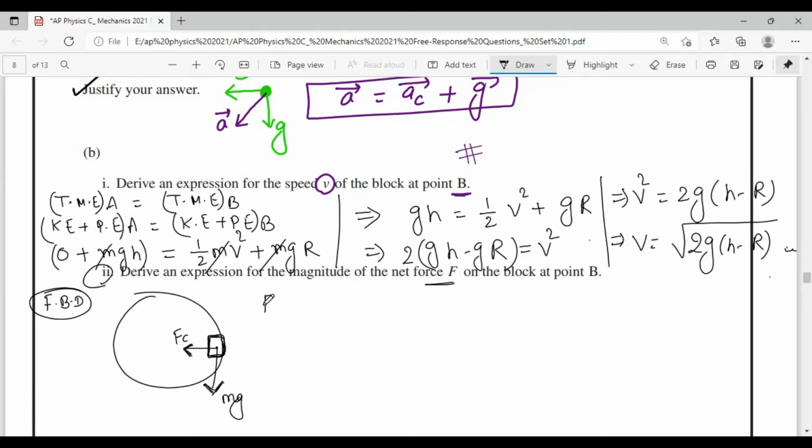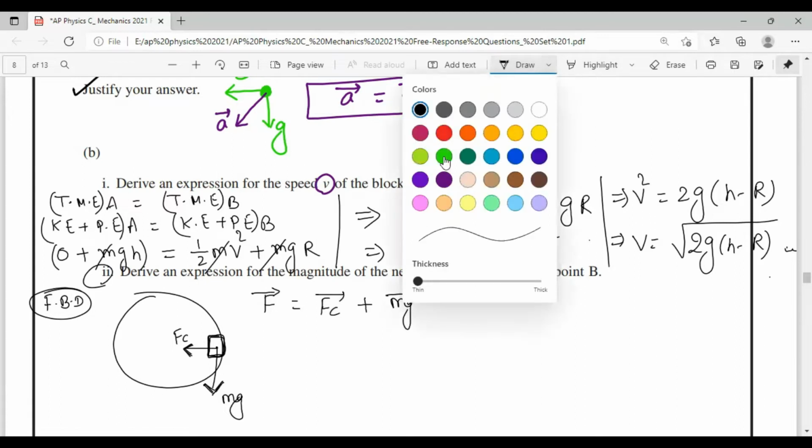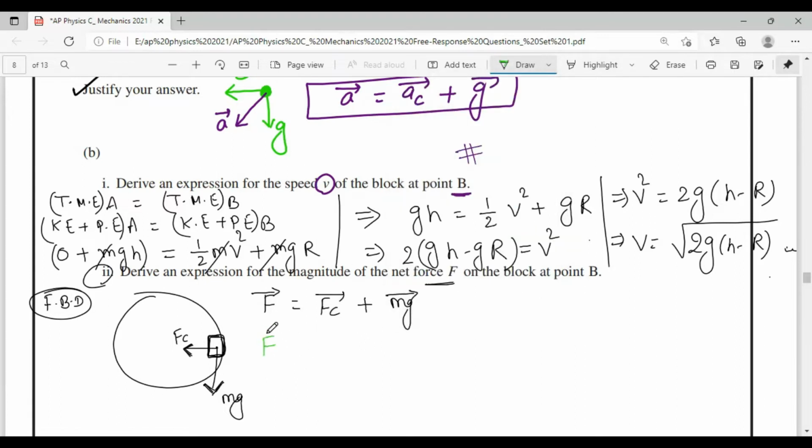So the net force will be Fc plus this force mg. It's a vector addition, and since the angle between both is 90 degrees, the magnitude of the net force will be directly the square root of Fc squared plus mg squared, right?